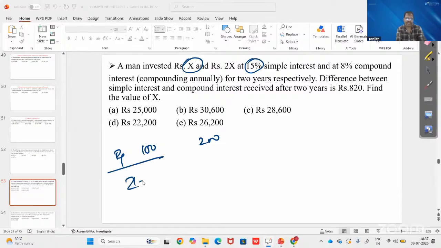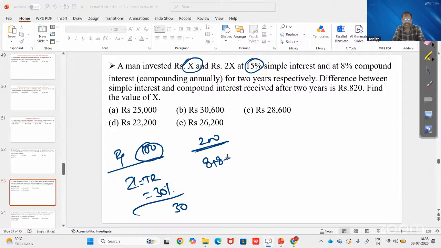SI equals PTR, we know. 15 for 2 years is 30 percentage. What is 30% of 100? 30. Here, compound interest: successive rate will be 8 plus 8 plus 8 into 8 by 100, which is 16.64.